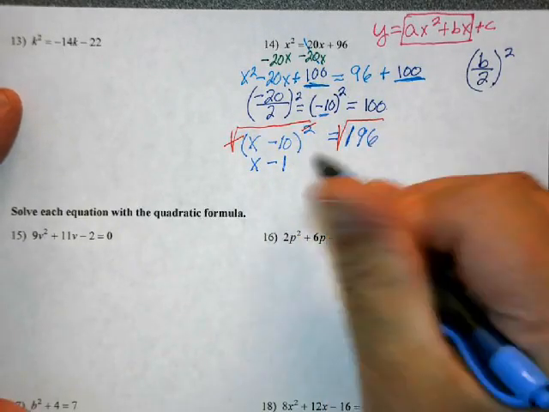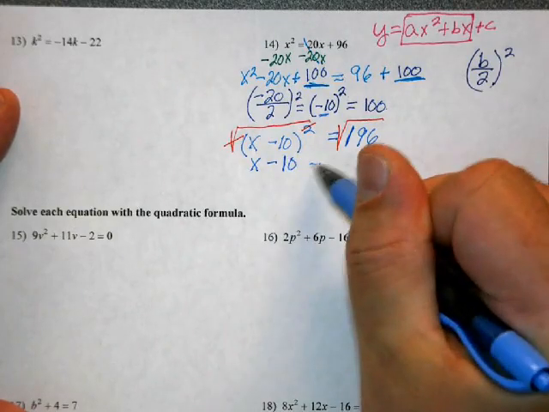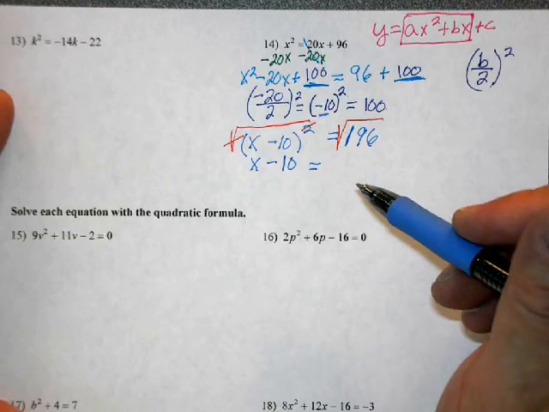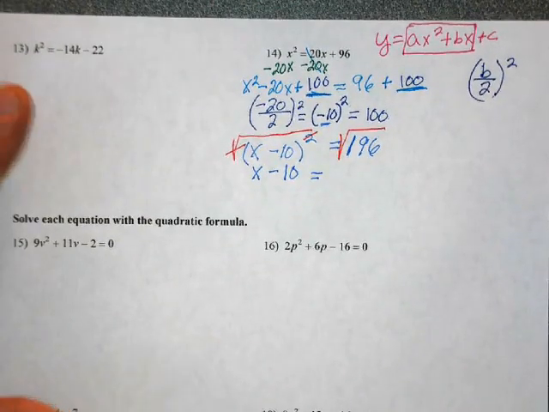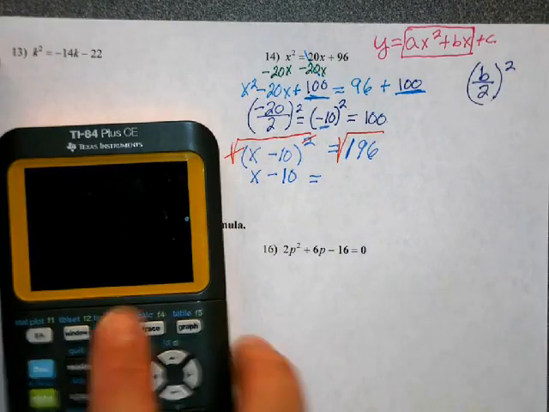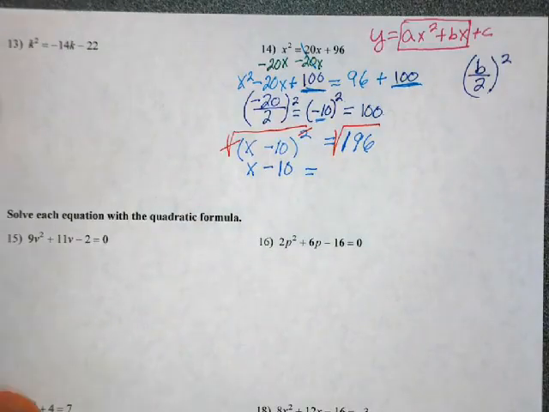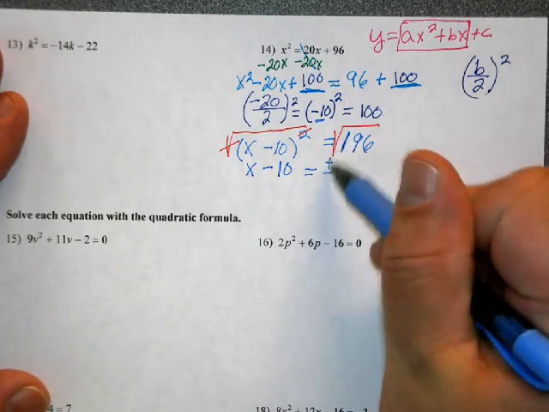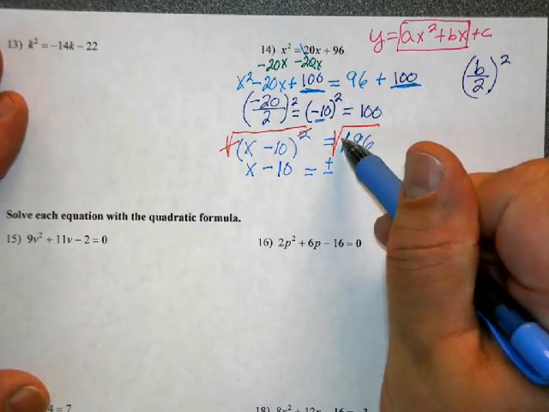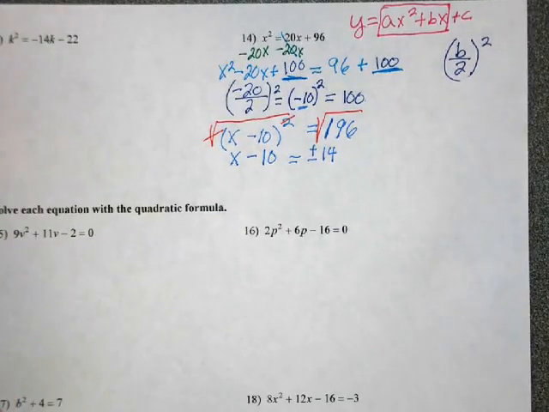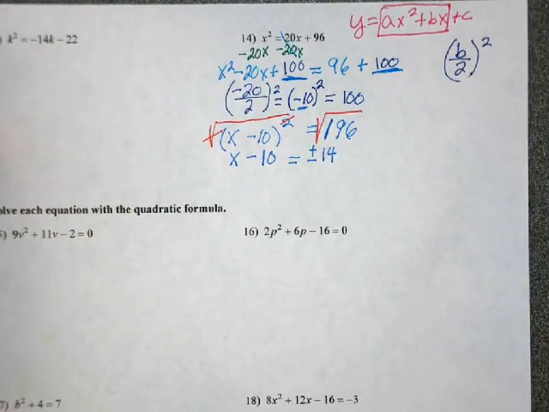Isn't 196 a perfect square? Is that 14 squared? Okay. So I have plus or minus, don't forget we have to put our plus or minus in there because we took the square root, 14. I still have to get x by itself, so I'm going to add 10 to both sides.